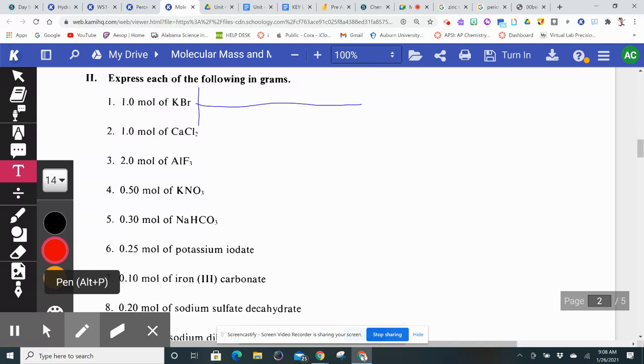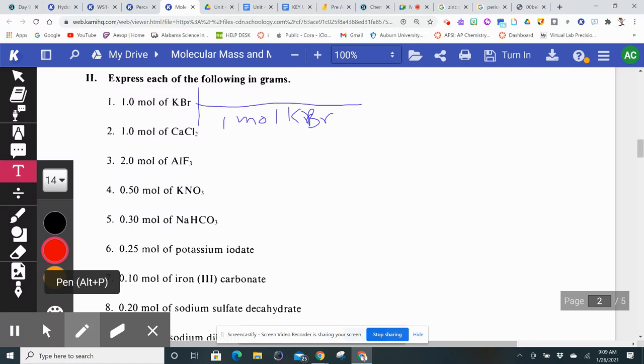If I want to get rid of moles and get to grams, what unit's got to go on the bottom? Moles. Remember that lab we did at the very beginning of the year where we had Bugs Bunny and Roadrunner and we had to put them in opposite places? It's the same thing. So if I want to get rid of moles, I put moles on the bottom, moles KBr.